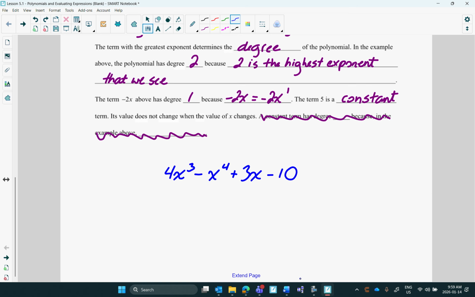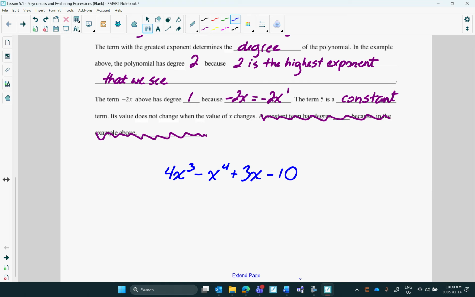What are the coefficients? What are the numbers that you see in front of the x's? 4 is 1. What would this be? -1. And this one? 3.